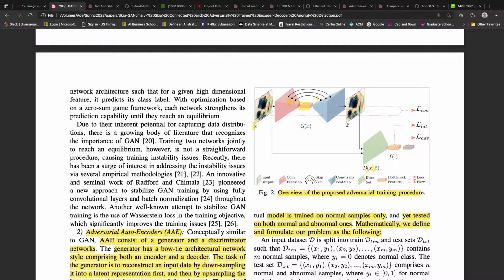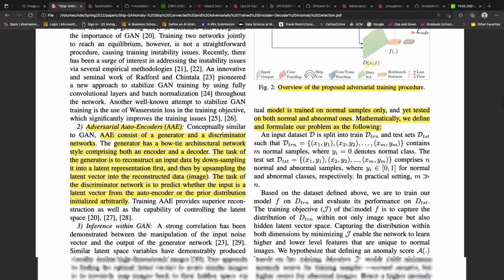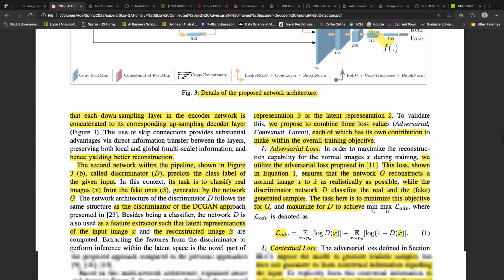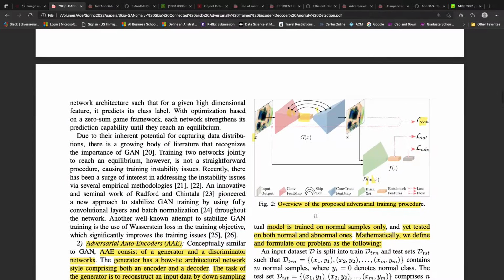The first loss function is what they refer to as the contextual, often called the reconstruction loss. So they call it the contextual loss, and that's to make sure that the x bar is as close as possible to x. Then the next one is the adversarial loss, which is the standard GAN loss, just to make sure that the discriminator gets to a point that it is unable to distinguish between the normal samples and the generated samples.